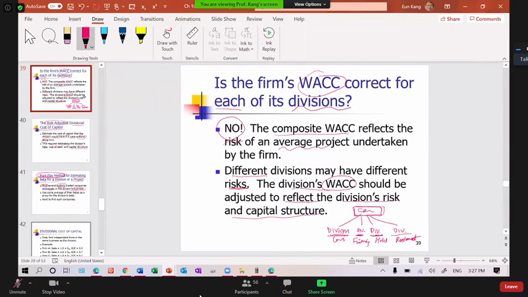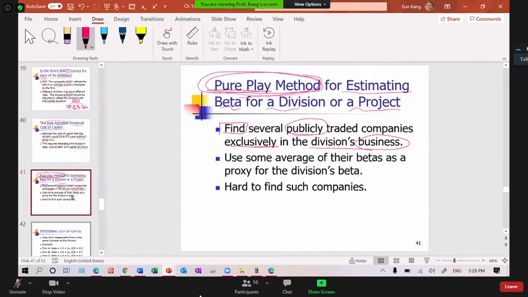So if you want to calculate a division's beta, let's say it is a finance division, then you try to find companies that deal exclusively in the finance business, or hotel business, or car business, restaurant business, right? Then use some average of their betas as a proxy for the division's beta.